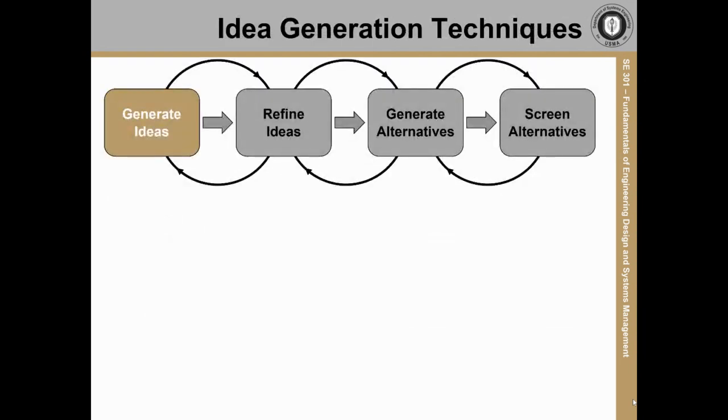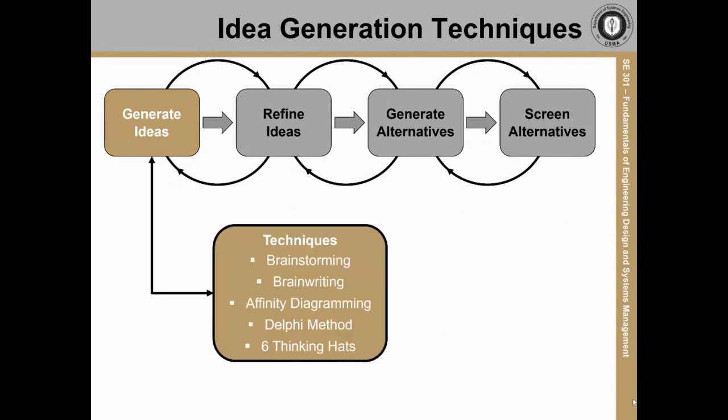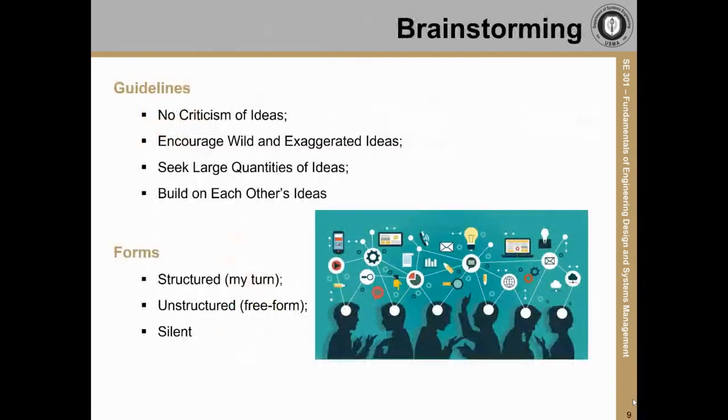So when you're in that first phase of generating ideas, there are a number of different techniques you can use. There's brainstorming, brainwriting, affinity diagramming, and the Delphi method. So brainstorming, I'm sure every single one of you has done brainstorming in the past. You've probably heard the axiom about there being no dumb ideas while brainstorming. And basically it's just a conversation. People sit in a room, in a good environment.